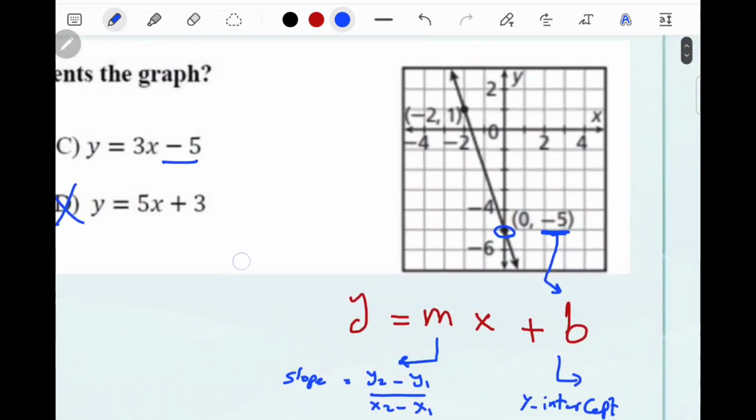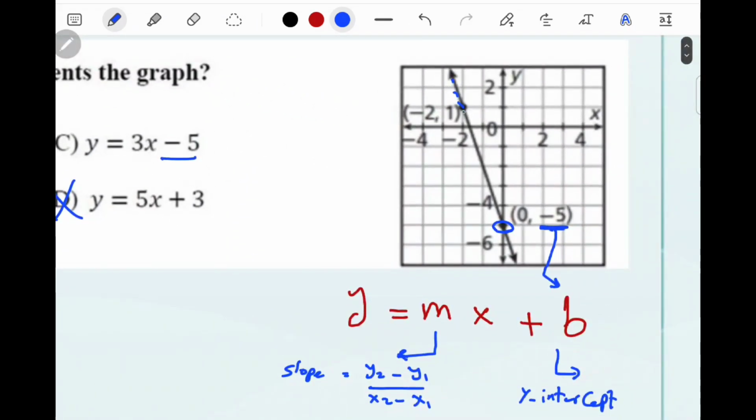Another thing you can notice is that this line is oriented in this direction, so we know that if you have a line oriented in this direction, then it has a slope which is positive, greater than 0.